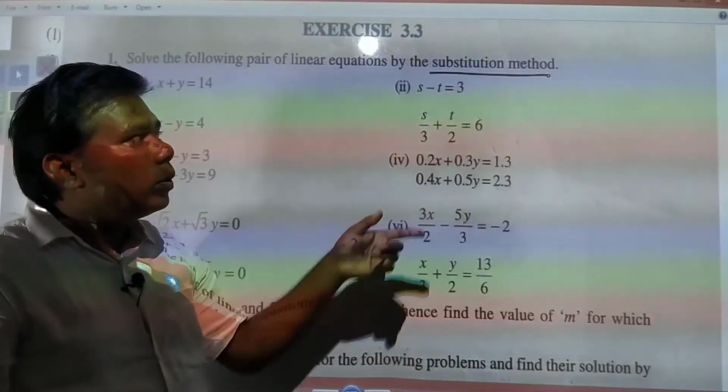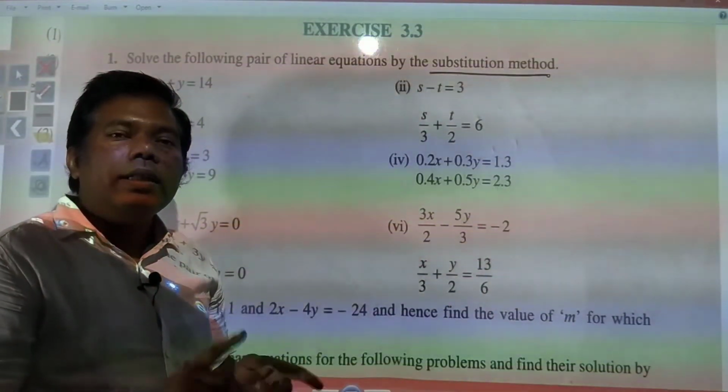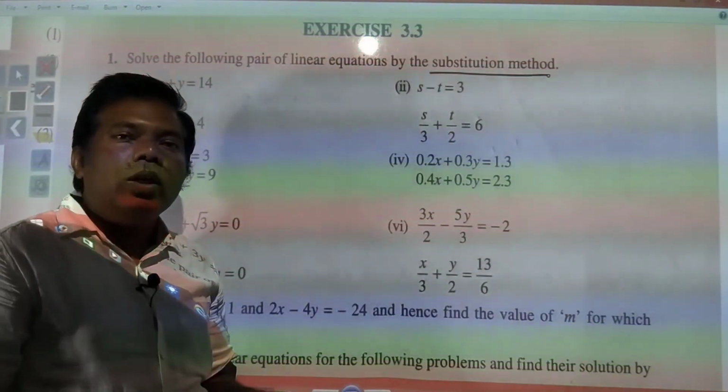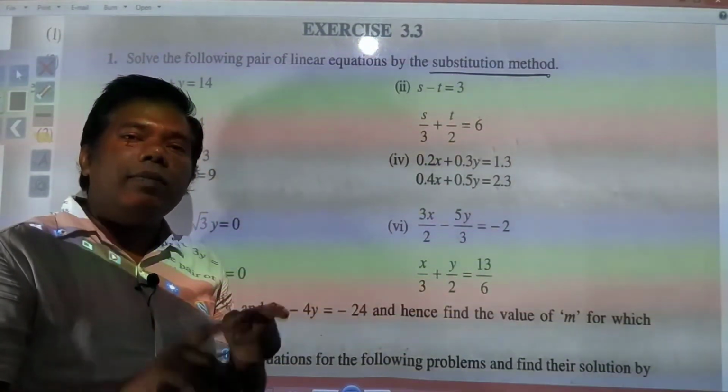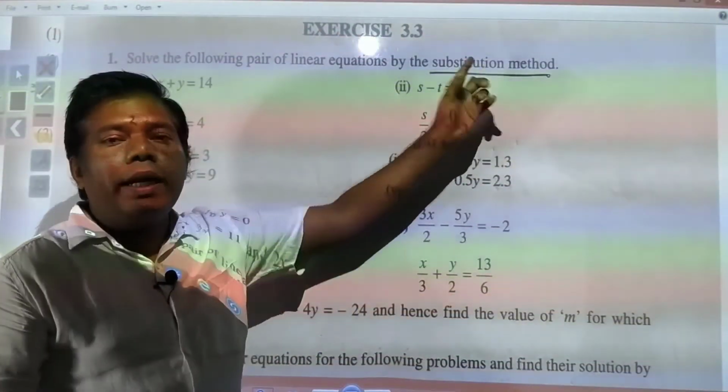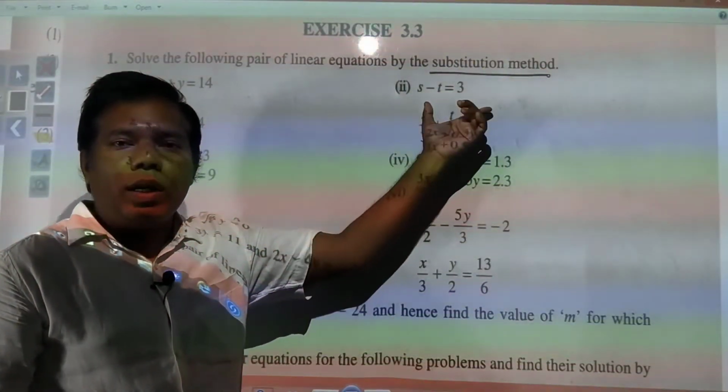And I had told you in the first class only that this year the cross multiplication method you need not study. So if you know the cross multiplication method also, don't apply that. Only substitution method and elimination method is required to be applied.